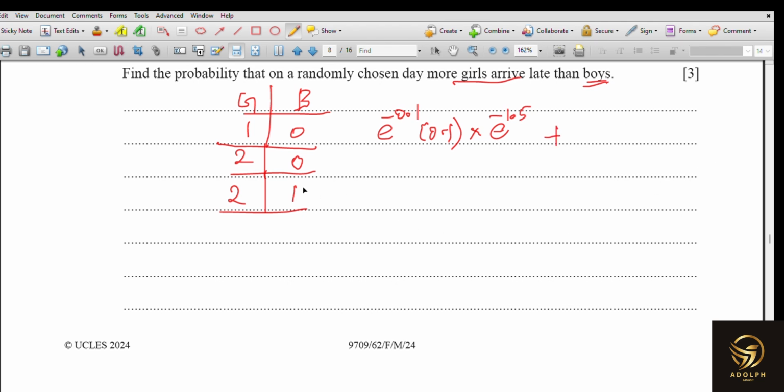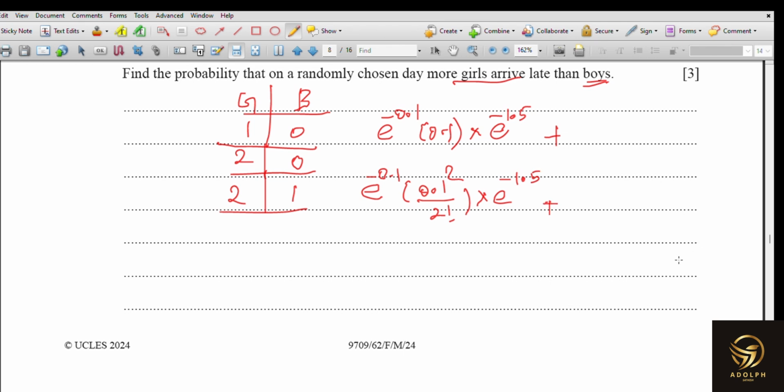The second one is 2 girls and 0 boys. When girls are 2, it is e power negative 0.1 multiplied by, it is exactly 2 days, it is not 0, 1, 2 like that, it is exactly 2 days. So it means 0.1 squared by 2 factorial, and boys still remain 0, so it is e power negative 1.5.